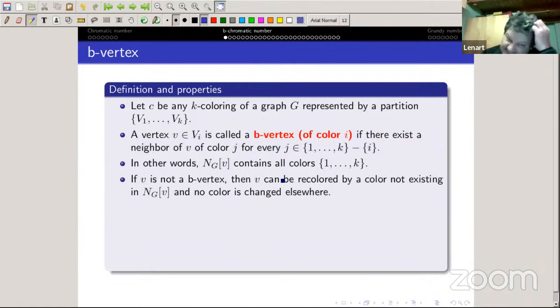So what does this mean? If we would like to recolor a vertex, that is, change it to some other color, this means that a b-vertex cannot be recolored by any existing color, because we already have all the colors in its neighborhood.